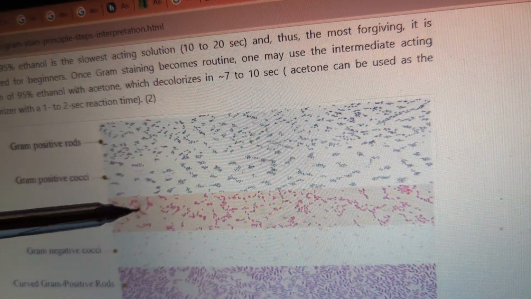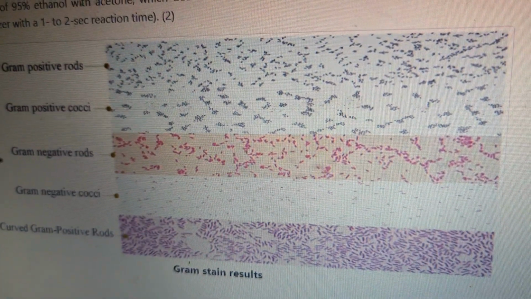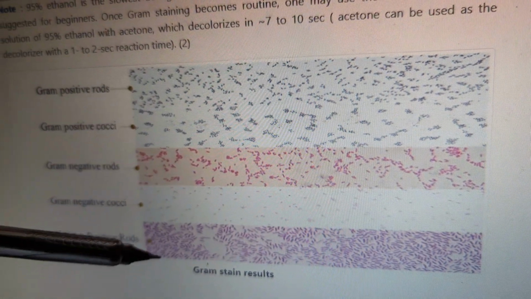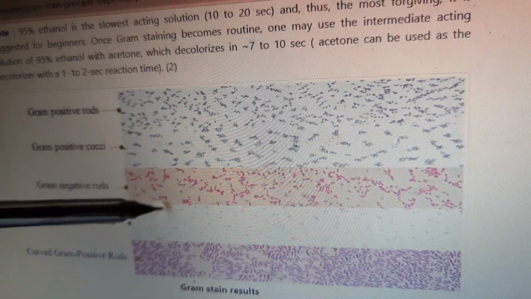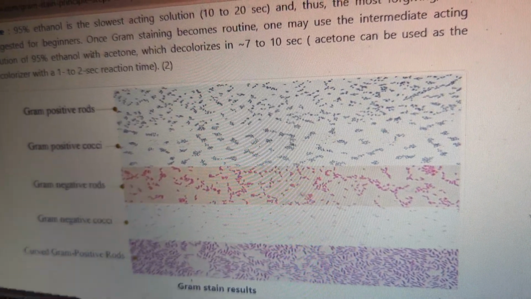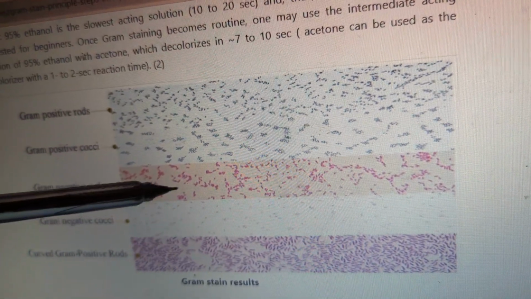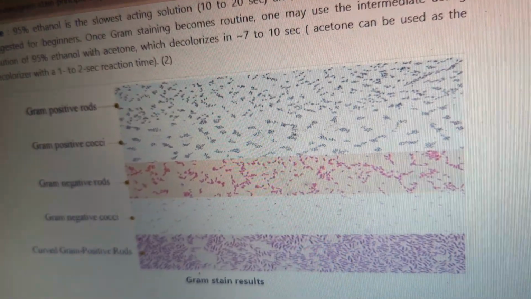Then you have your pink coming up here with rods. I don't know if you can tell if there are rods in the view, but you can appreciate something. But this is the exercise that you're expected to do, describing the microscopy view: the shape of the bacteria, the color, the arrangement. Okay, gram stain results here.